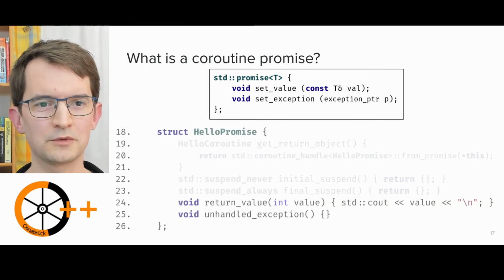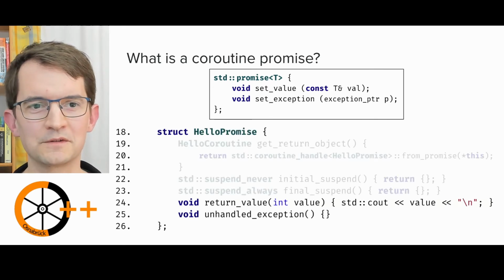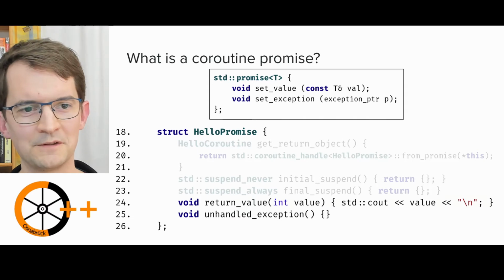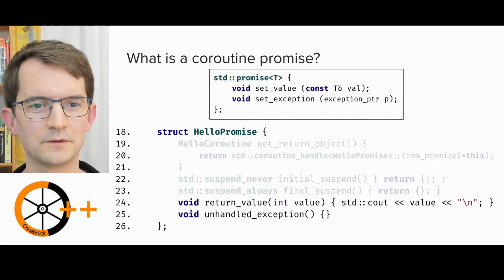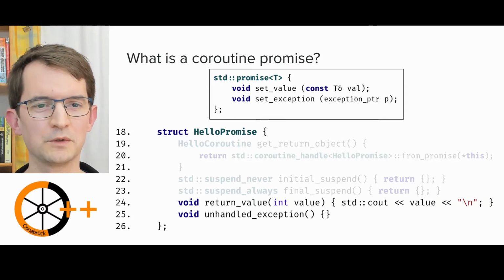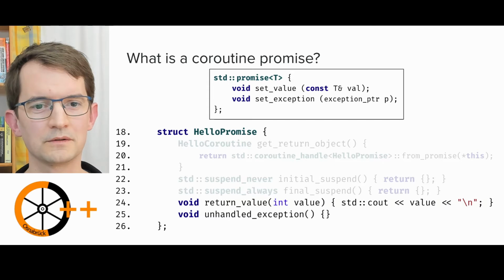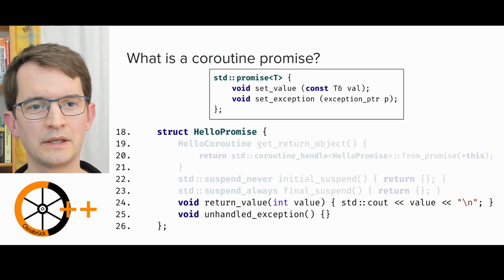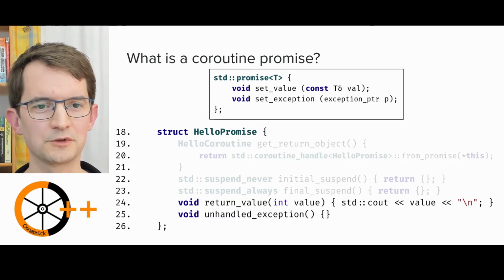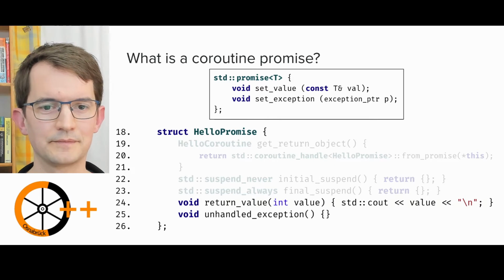Now the coroutine promise has similar functions. In our example, you can see that in lines 24 and 25, there's a return_value(int value). The promise accepts the co_returned value, and there is an unhandled_exception function. It's not us who calls the unhandled_exception function.